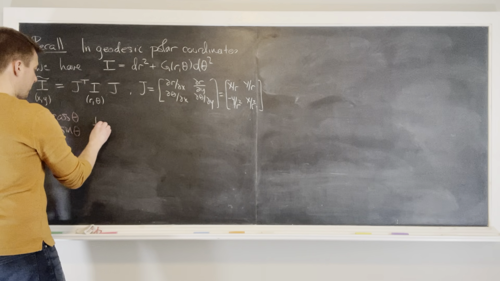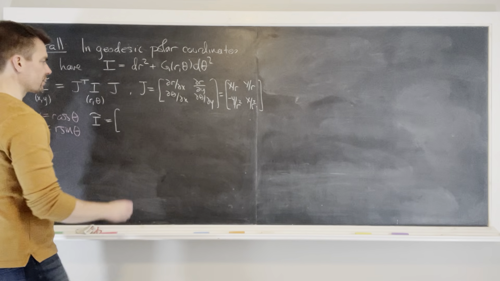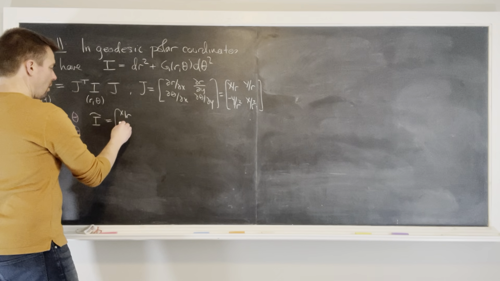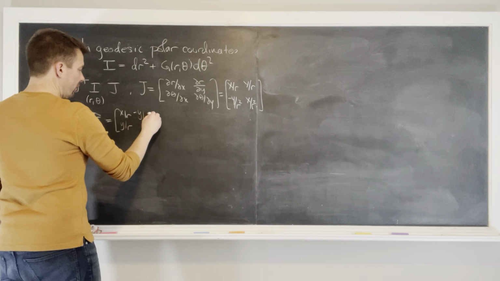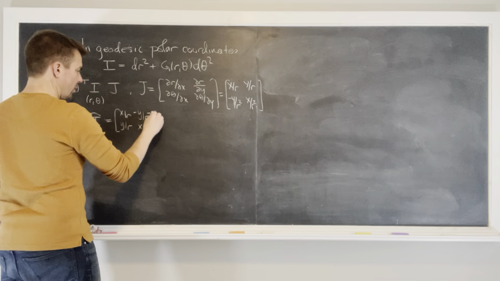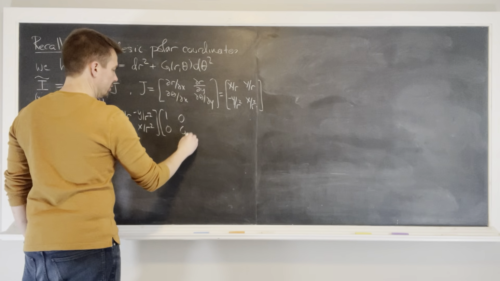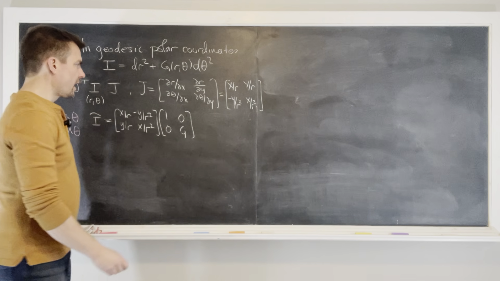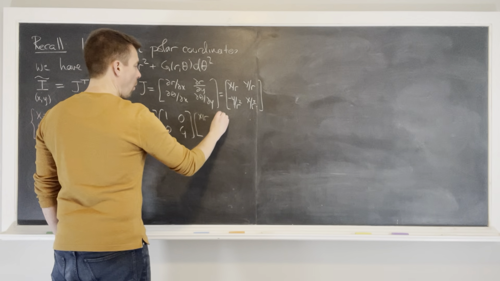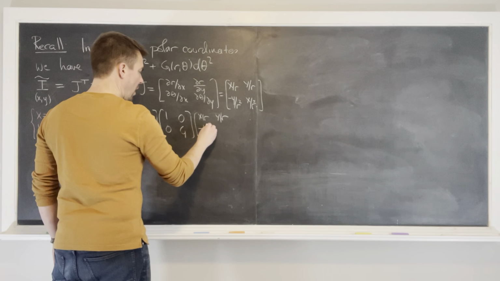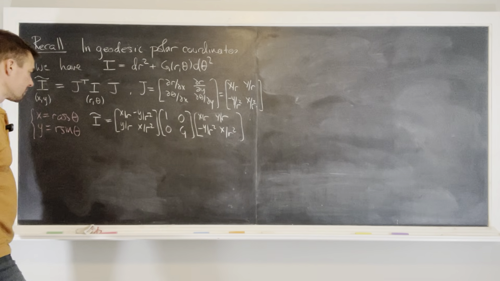So our I tilde is going to look like the transpose of this thing first. So it's going to be x over r, y over r, and then negative y over r squared, x over r squared, times the first fundamental form, which is 1, 0, 0, g. Good. And then times just the ordinary Jacobian, right, which is going to be x over r, y over r, negative y over r squared, x over r squared, like that.